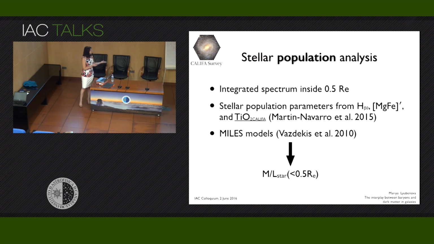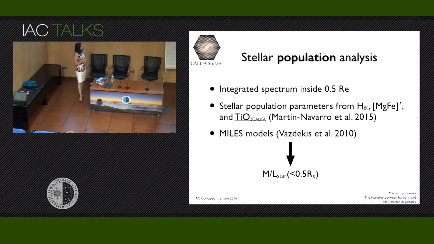The stellar population analysis, I suppose, not much needed to explain here. It's a local expertise of yours. We've used the integrated spectrum inside the half-RE, so exactly the spectrum that we used to make the dynamical model, now this time integrated into one single spectrum, measuring the line strengths of H-beta, which is an age indicator, magnesium iron, which is a metallicity indicator, and the titanium oxide, which is a dwarf to giant ratio indicator, so an index sensitive to the IMF.